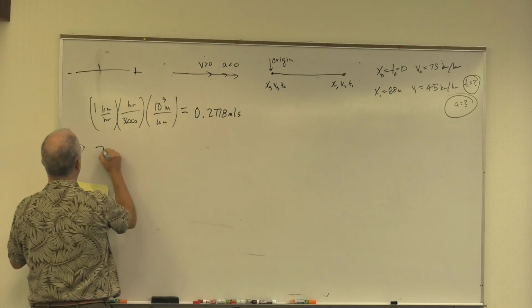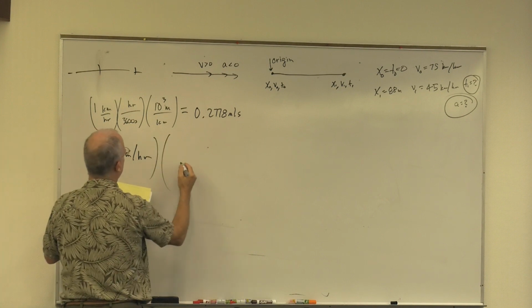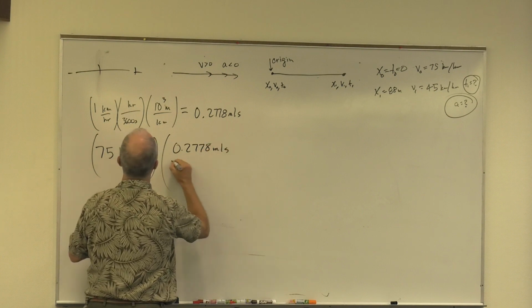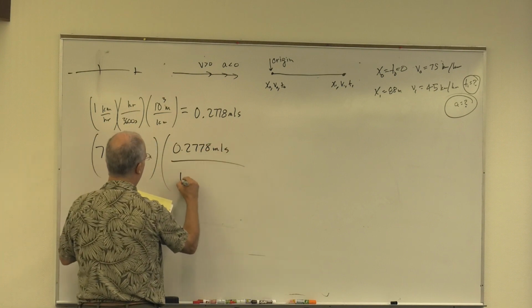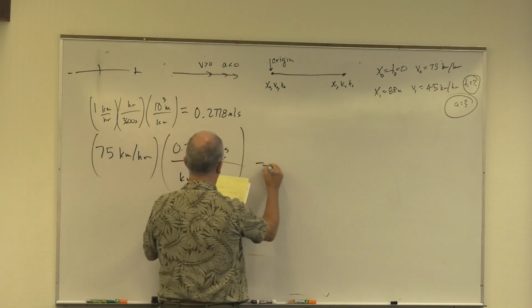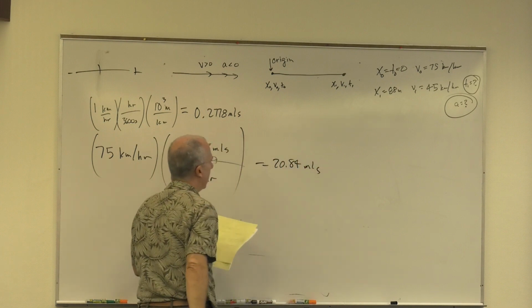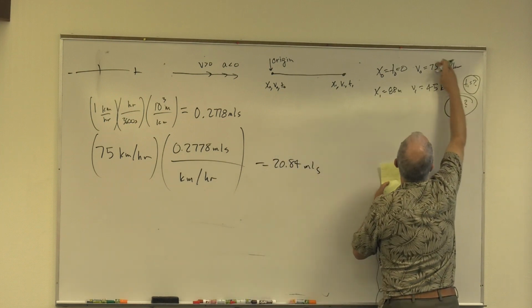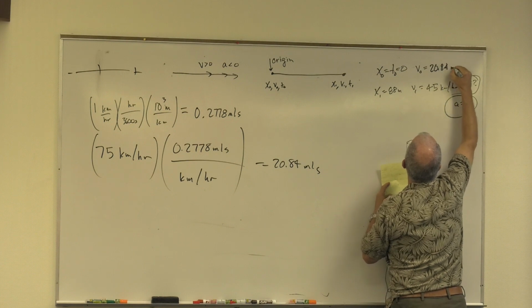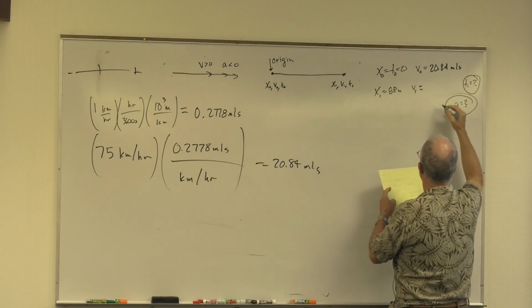So 75 kilometers per hour times 0.2778 meters per second divided by a kilometer per hour gives 20.84 meters per second. And you do the same thing to the other one, and I promise you, you get 12.5.